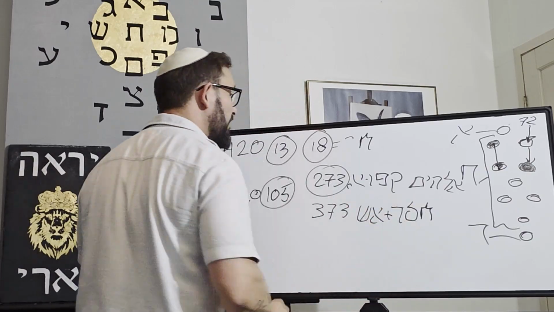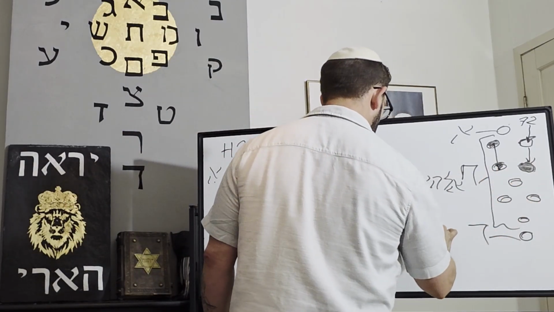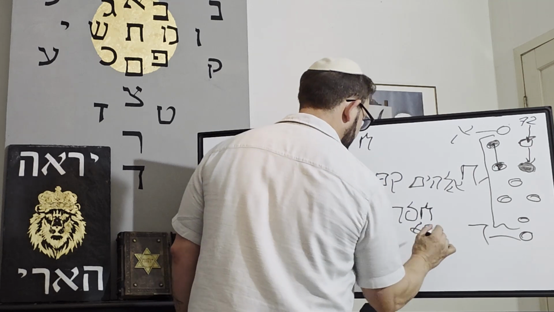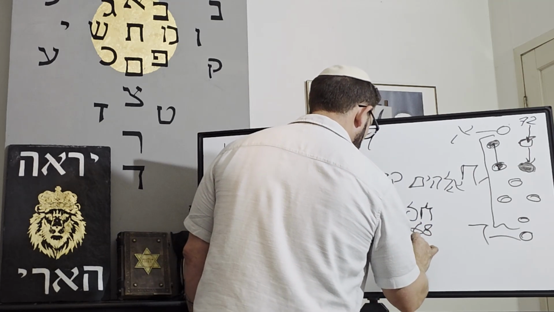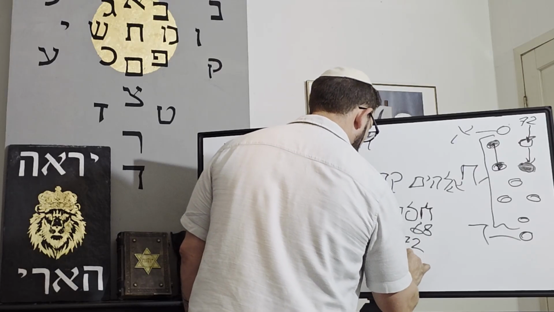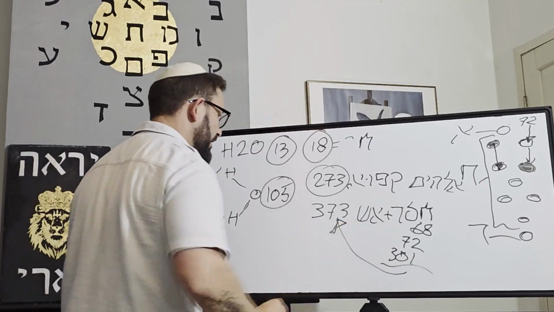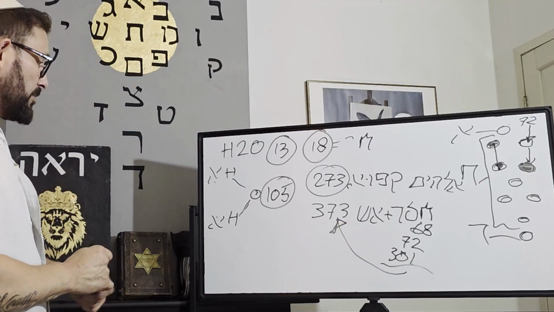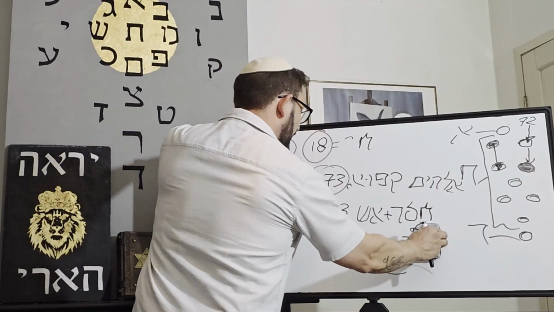That's water and fire. Chesed, values 8 plus 60 makes 68, plus 4 is 72, plus 3, all 1 is 373. Okay, so your boiling point Kelvin equals water and fire.